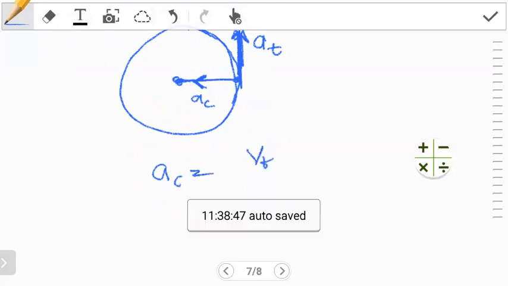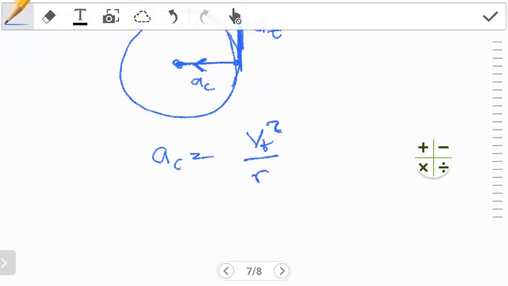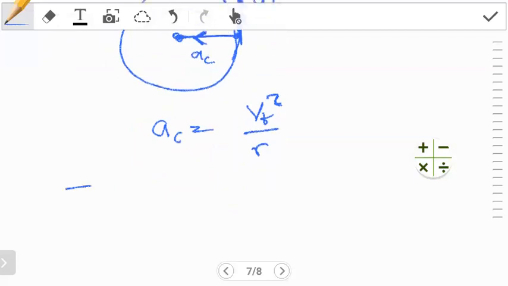divided by the radius. Now, once you know what the centripetal acceleration is, this leads us to an interesting term, which is called the centripetal force, Fc.